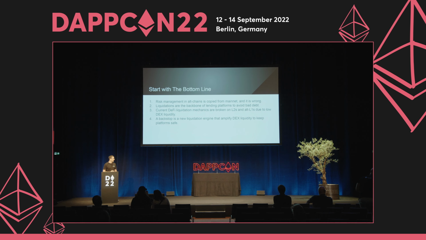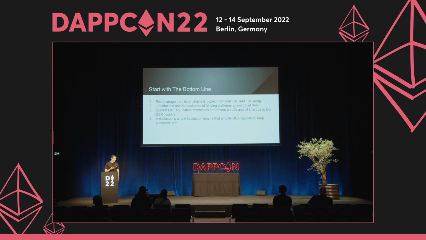And this is wrong because if you do it in such a way, liquidations might not be able to save you when the market goes down. And liquidations are the backbone of any lending market that wants to avoid bad debt. Further, all the DeFi liquidation mechanisms were tailored to L1 on mainnet with high liquidity.